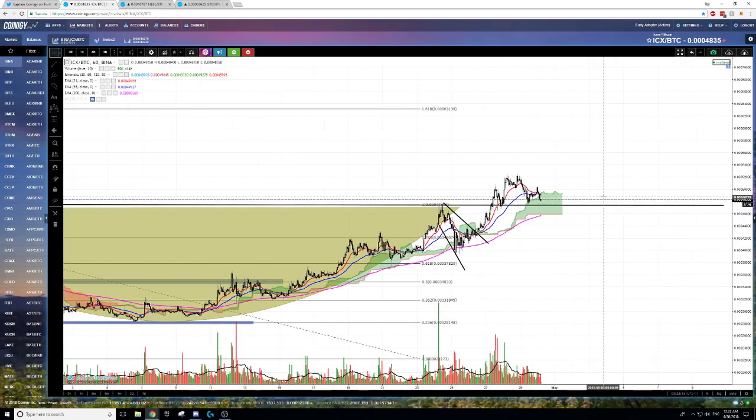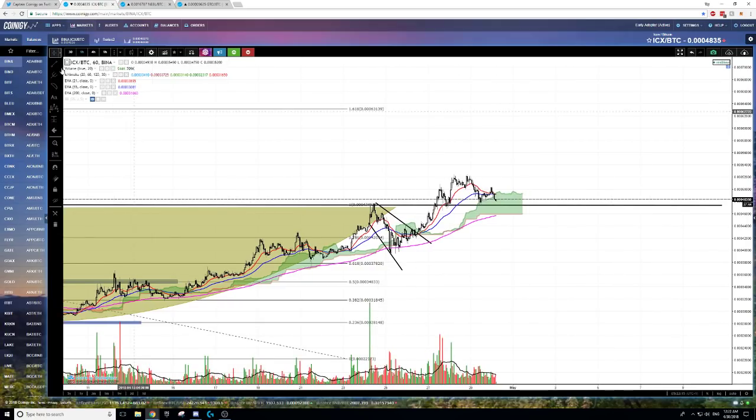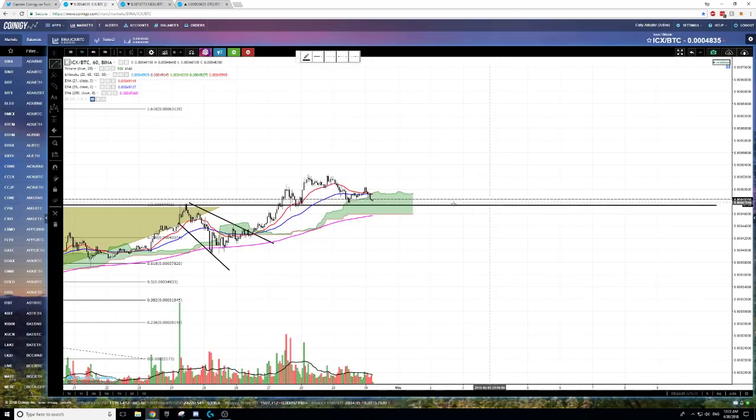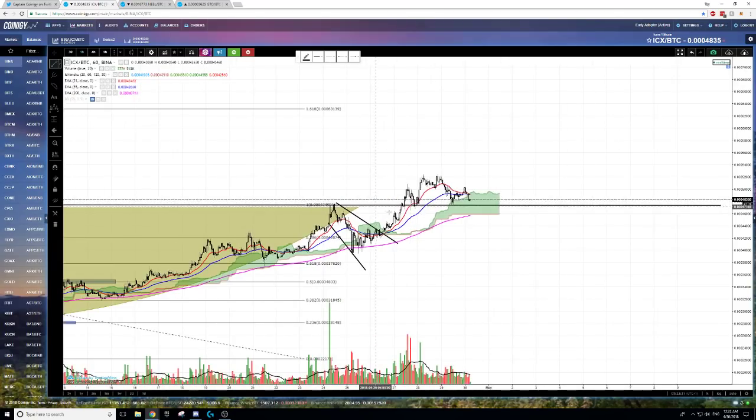Let me look and see if we can find a bullish case for this. Obviously, fundamentally we're bullish. I'm seeing a little green candle starting to form right at the end here. If this really is a support, then we could have a little trend line come up like that.